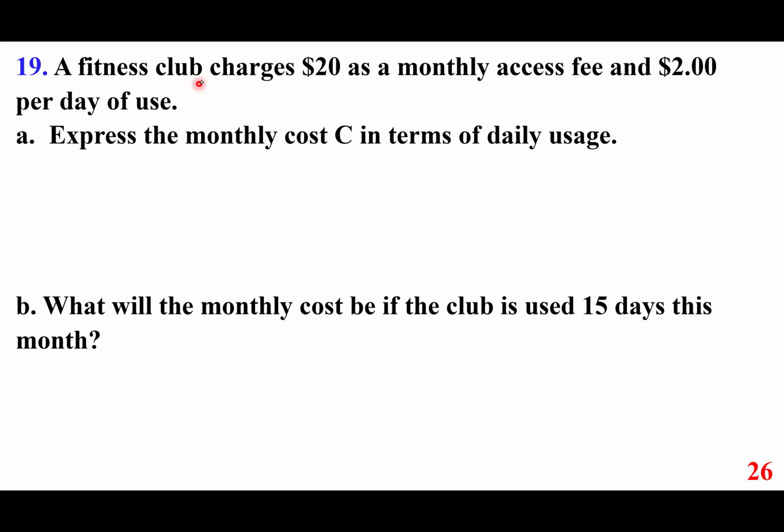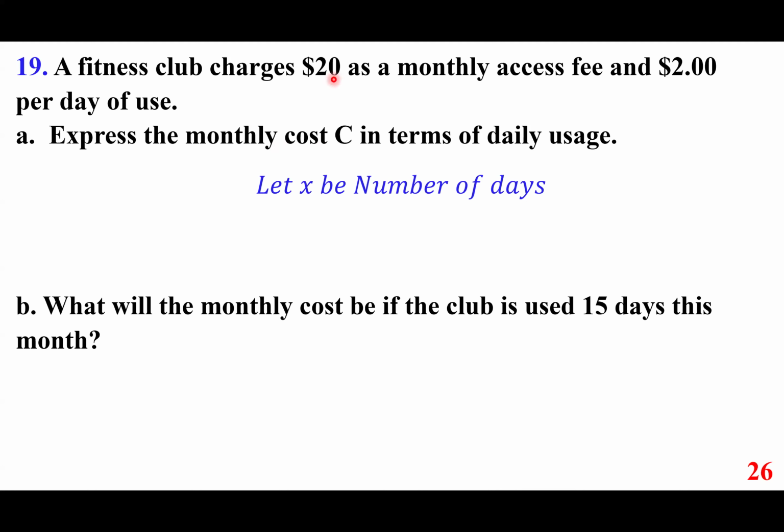A fitness club charges $20 as a monthly access fee and $2 per day of use. Express the monthly cost C in terms of daily usage. So we have to choose a variable such as X to represent the number of days. So if X represents the number of days, C of X is of interest to us.